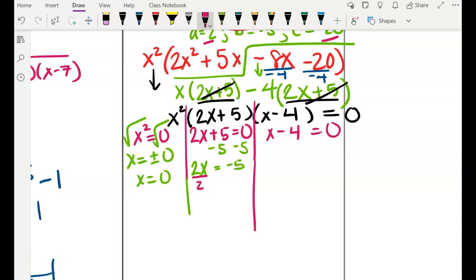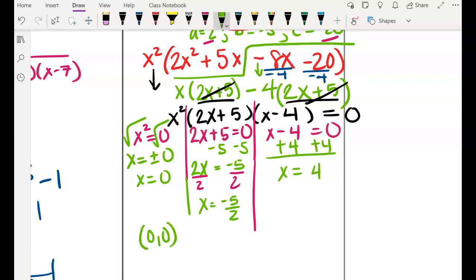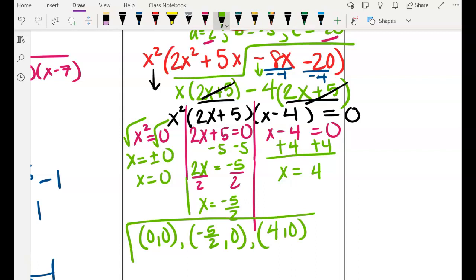Divide both sides by 2, okay? So that means we have x equals negative 5 over 2, aka negative 2.5. And then this over here, x equals 4. Okay, so ordered pairs. 0, 0. That's our first one. Negative 5 over 2, 0, our second. And third, 4, 0. Those are all 3 x-intercepts that we have to write as ordered pairs.